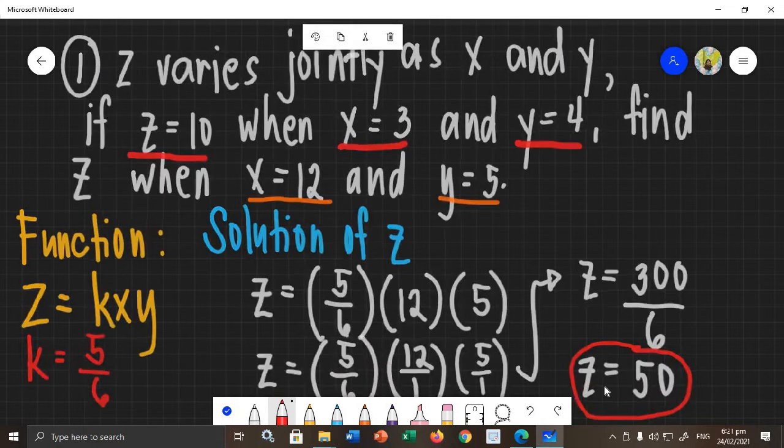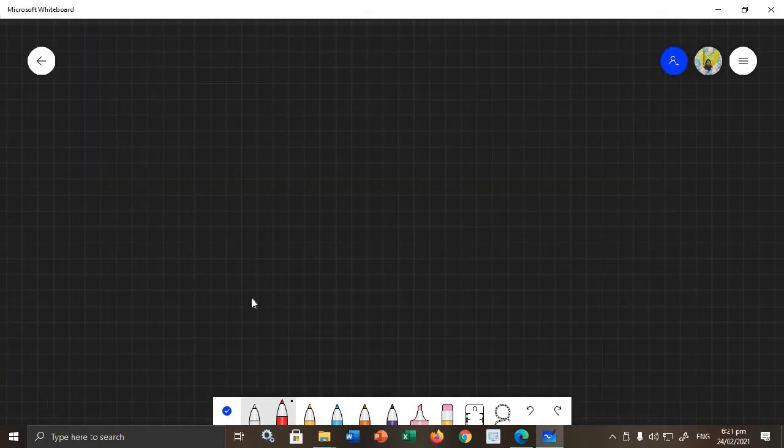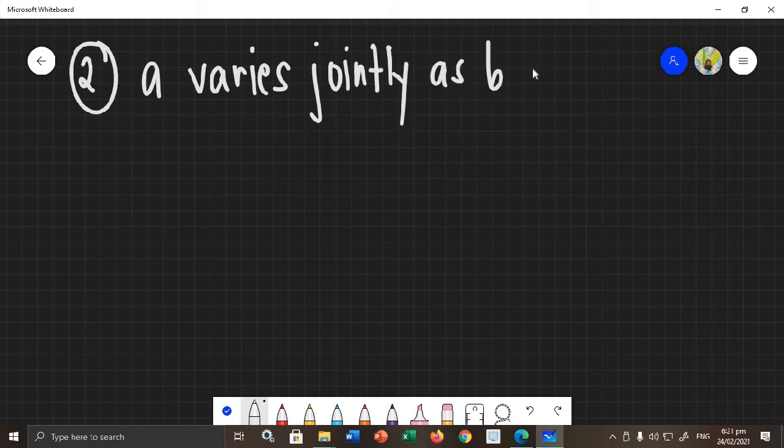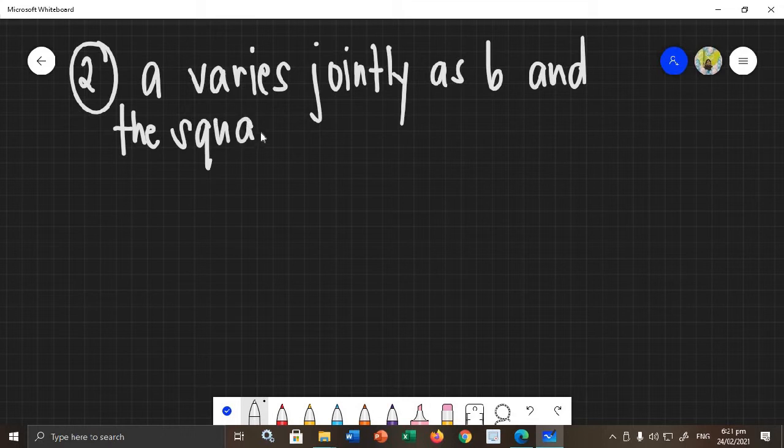Okay? How about another example? So, let's say we have a varies jointly as b and the square of c.